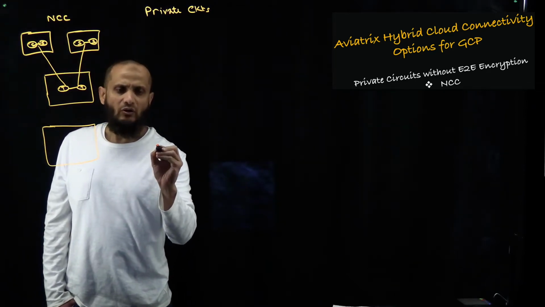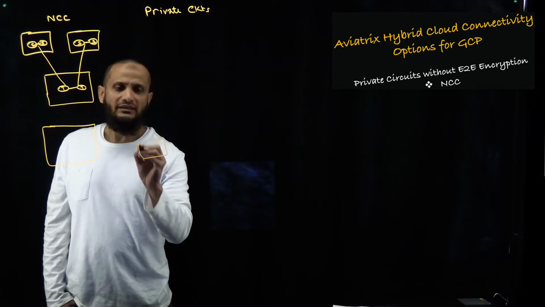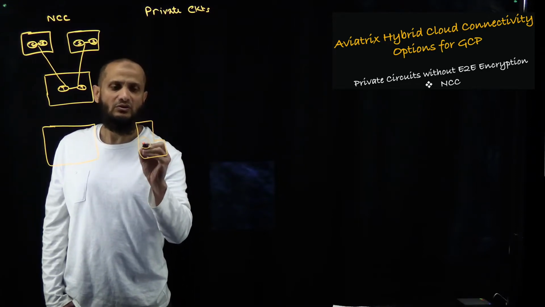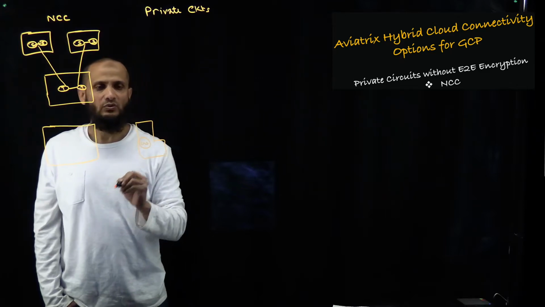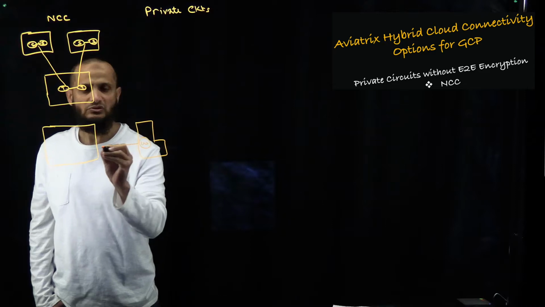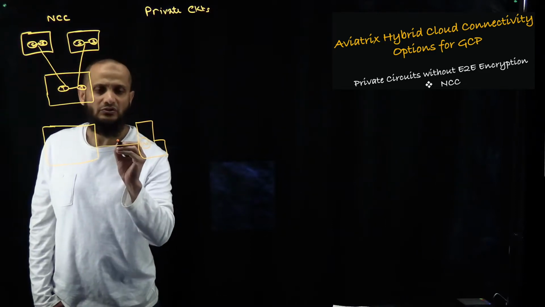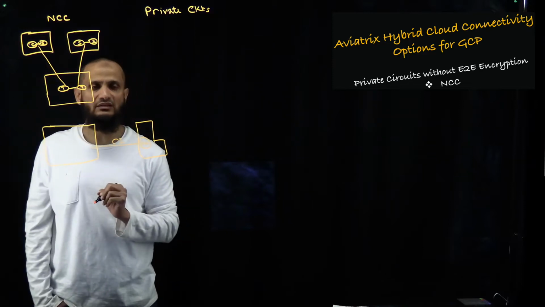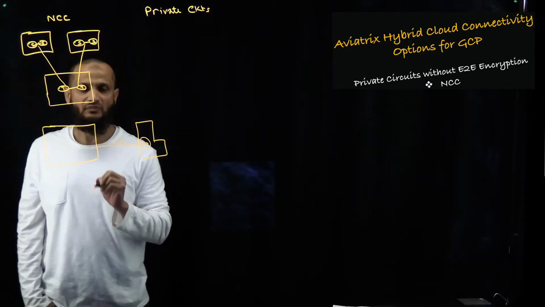Let's draw an on-prem environment on the right-hand side. Let's say this is your WAN router. Your WAN router is going to be connected to your cloud using a private circuit. In this scenario, since we are talking about GCP, this is your cloud interconnect.